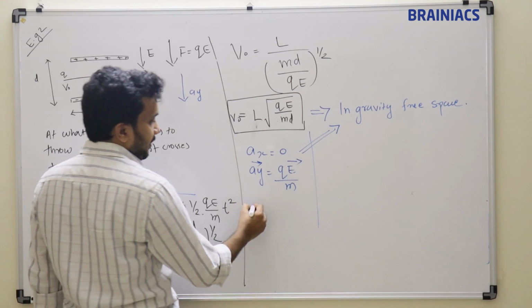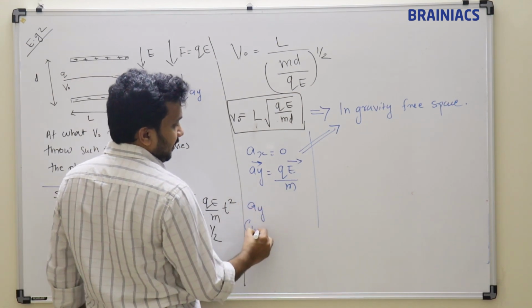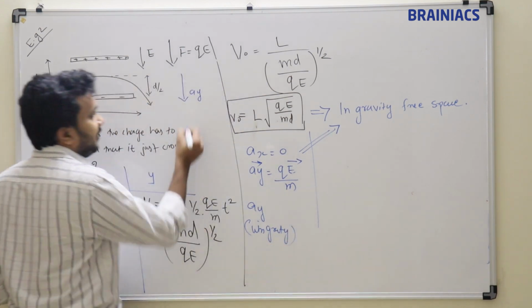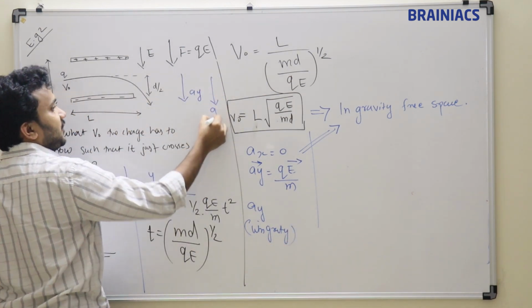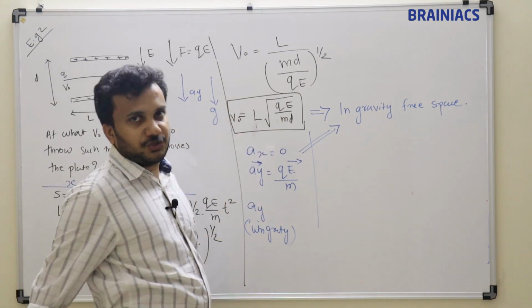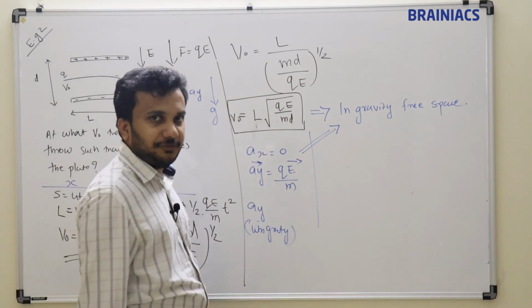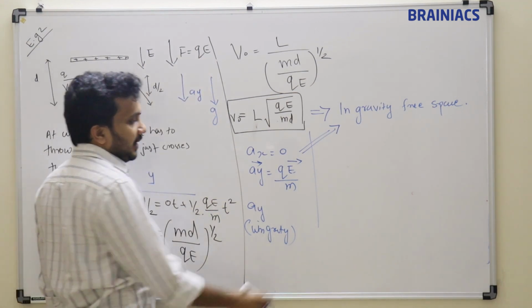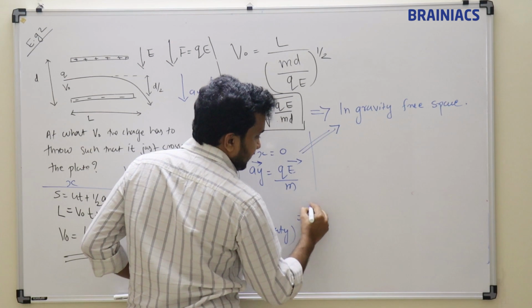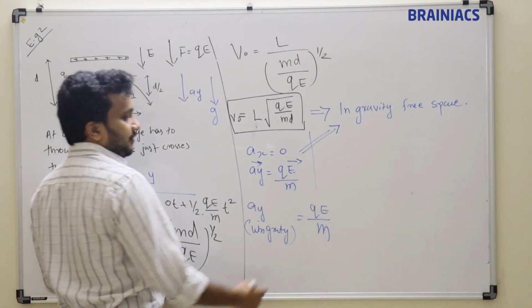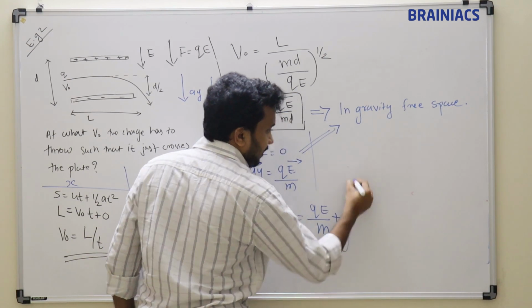Whenever gravity comes in, I write ay in brackets with gravity. With gravity means what will happen? We have g, the acceleration due to gravity. If two vectors are in the same direction, will we add or subtract? We will add. Many times I told you, right? If two vectors are in the same direction, we add. So in this case, what is the acceleration? QE divided by m, the acceleration due to the electric field, plus g.